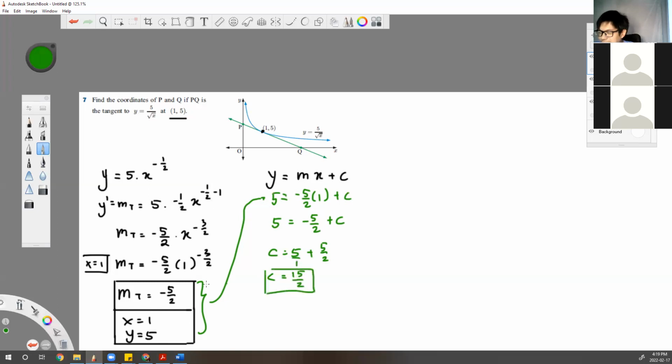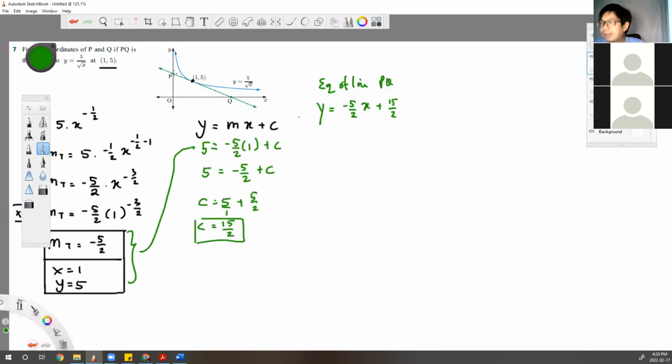After you get the c and m, you get the equation of the line PQ. So the equation of line PQ is y equals -5/2 x plus 15/2, right? Then P is the y-intercept, Q is the x-intercept. You know that the y-intercept is where x is 0.